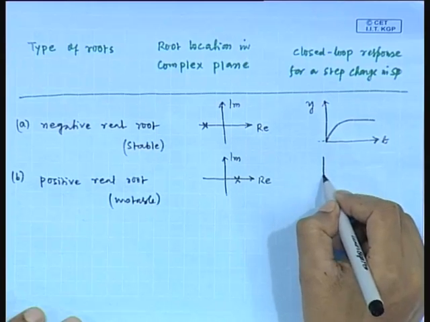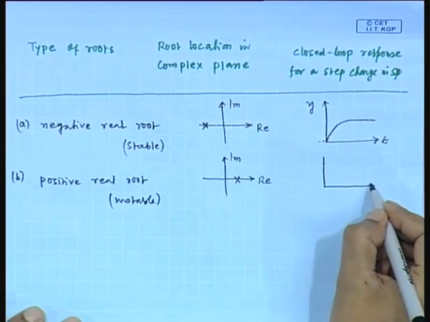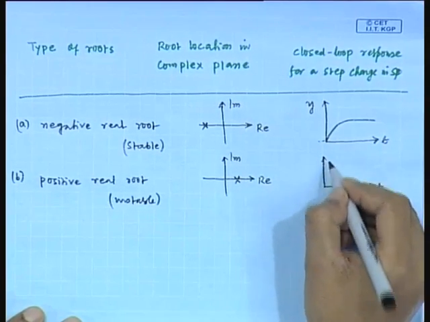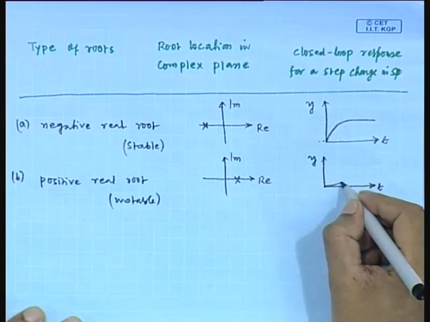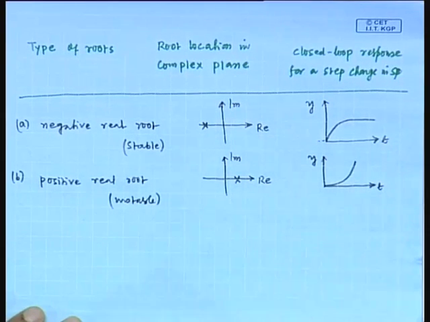What will be the corresponding transient response? This is time versus y plot. So, it will respond like this. Fine, it is going to the unstable zone.